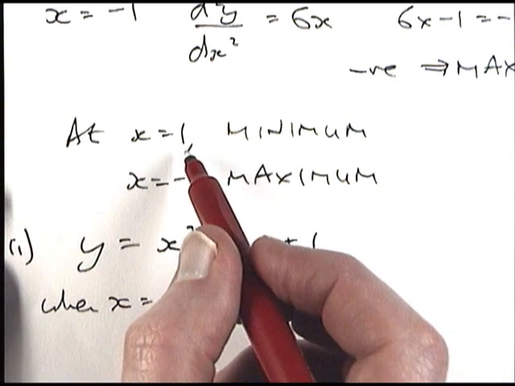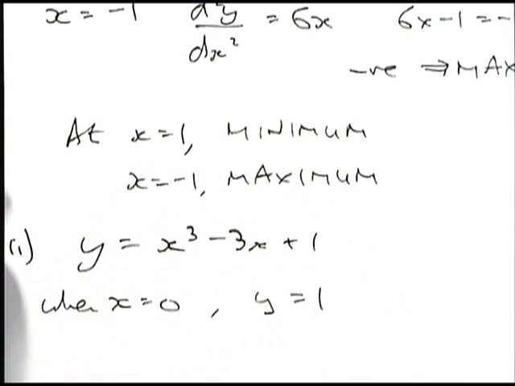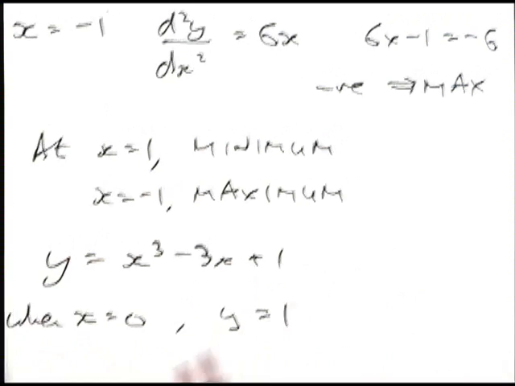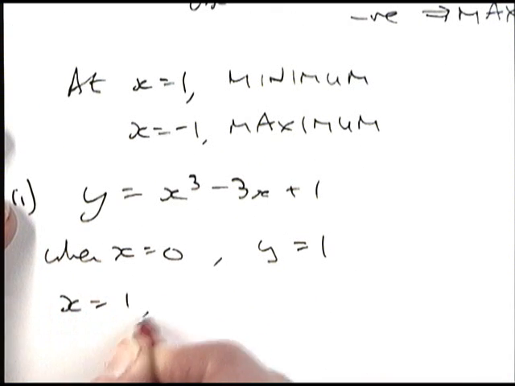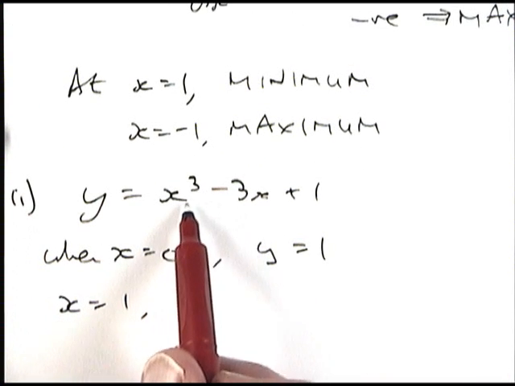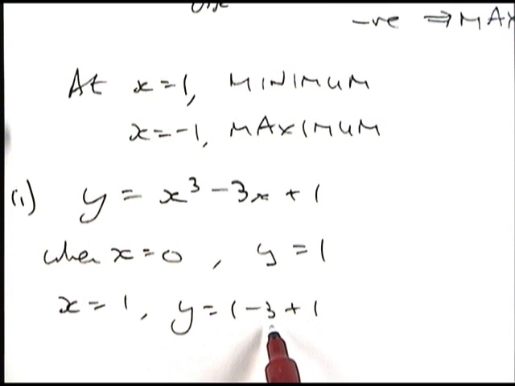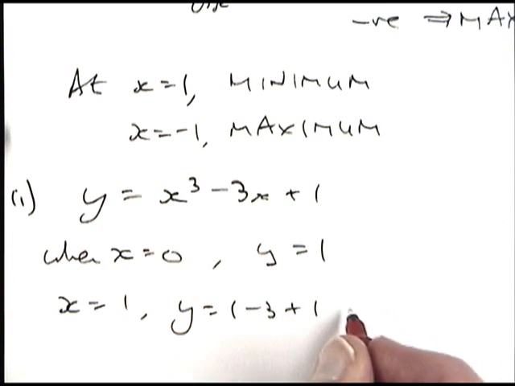We know we've got a maximum here and a minimum there. Now actually at this point it would be useful to find out what the y coordinates are. So, when x is 1, substitute in here, 1 cubed is 1, minus 3 lots of 1, plus 1. 1 minus 3 is minus 2, plus 1 is minus 1.